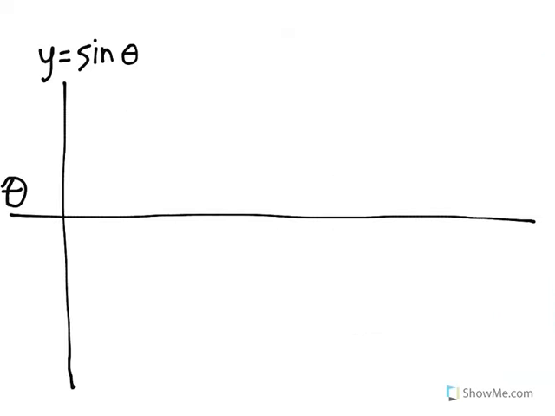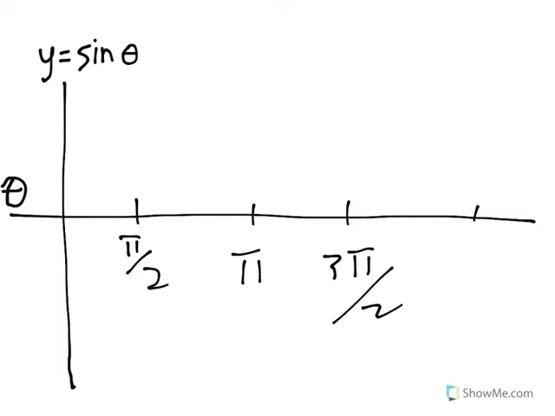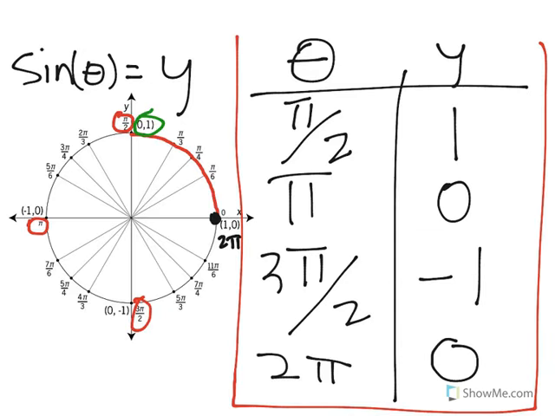So those are the points we plot. And then we're going to graph the corresponding values of y that we already found.